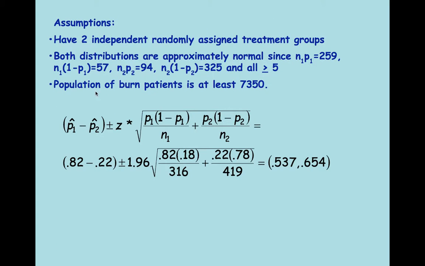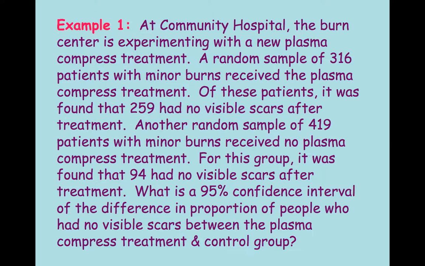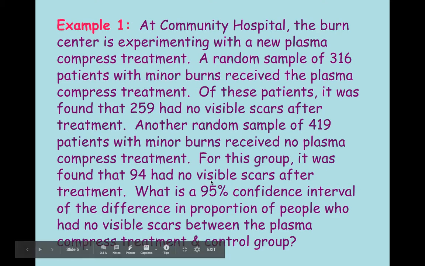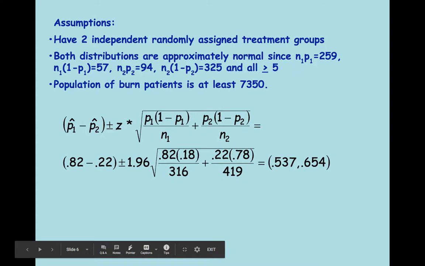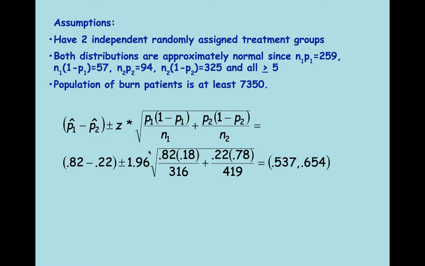Okay. If we want to determine a confidence interval for that, then we do P1 minus P2, then your Z star. Now let's remember what we're looking for here. 95% confidence interval of the difference in proportions, okay? So 95% Z star is 1.96.